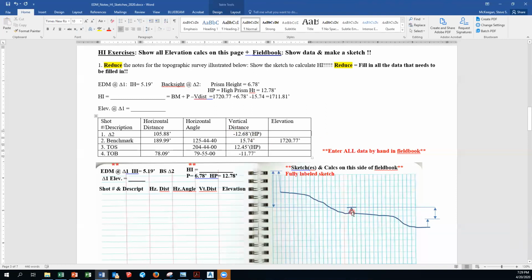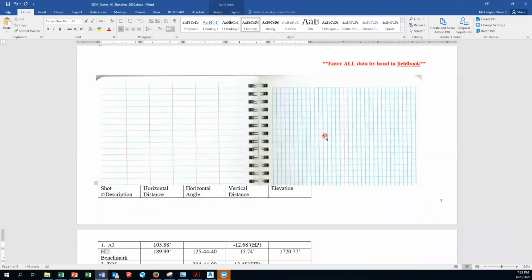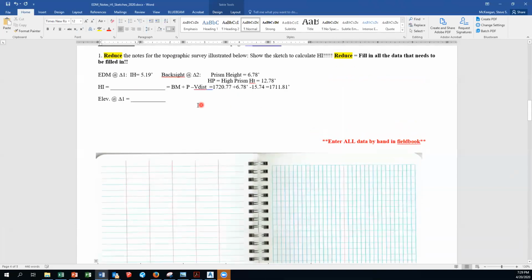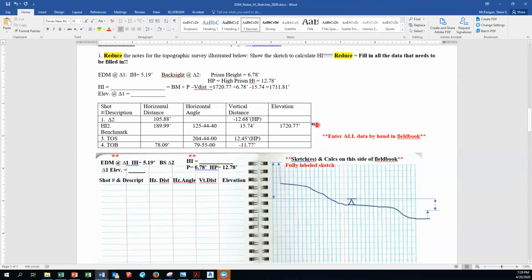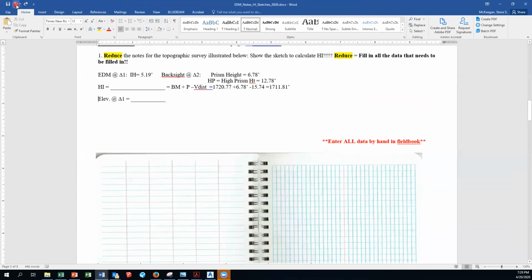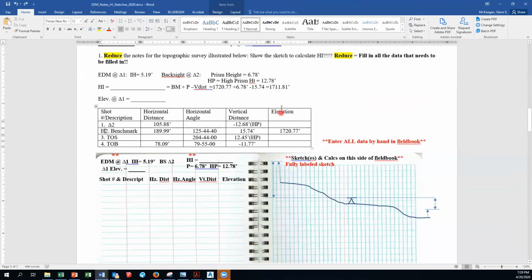I know HI now. I have to subtract the vertical distance, and I have to subtract the prism height. So we'll do it up here.